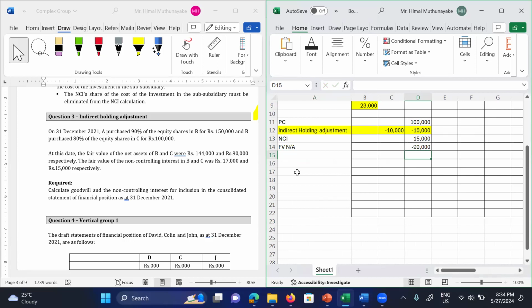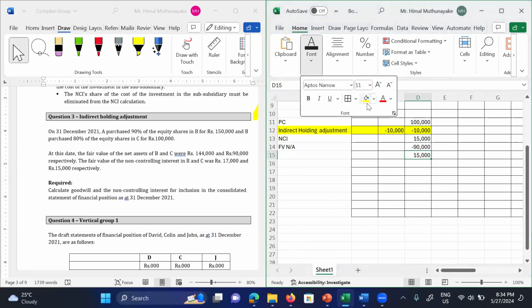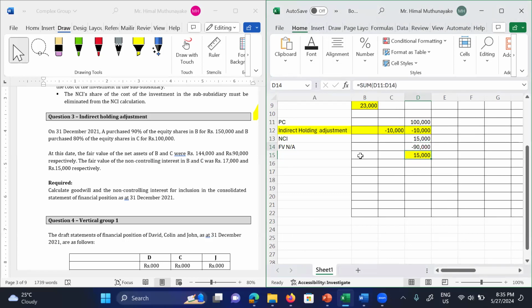So then I'm getting 15,000. So the goodwill of company C is 15,000, and the NCI balance also you need to put, this point 15.